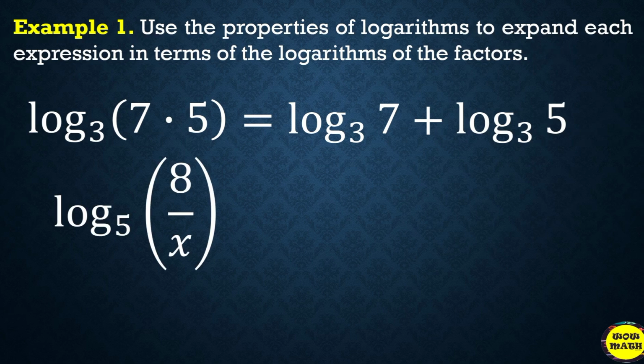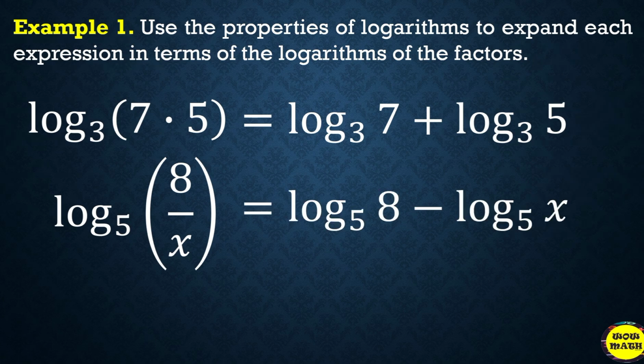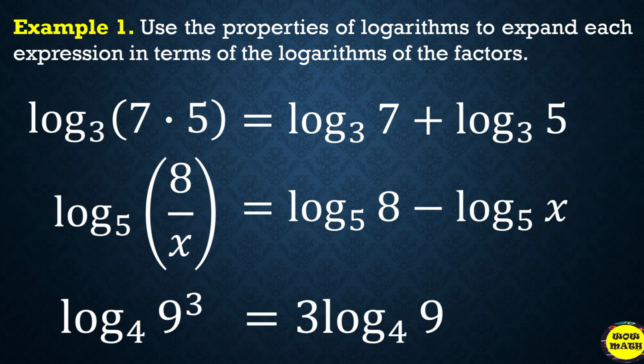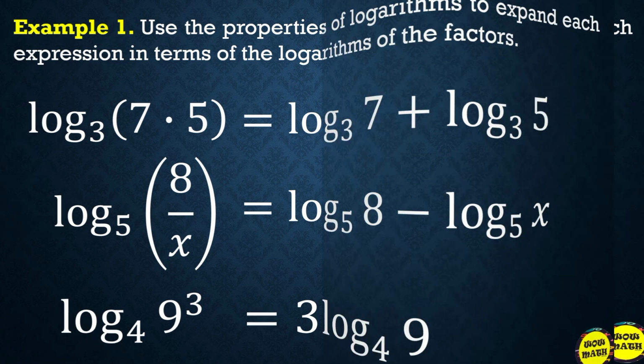Next, logarithm of 8 over x with base 5 is equal to, this is law number 2, log 8 with base 5 minus log x with base 5. Next, log of 9 cubed with base 4 is equal to, based on law number 3, 3 times log of 9 with base 4.